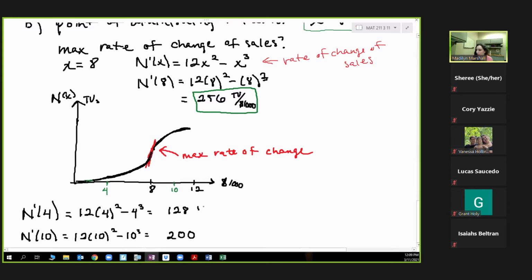If we're spending $4,000 on advertising, our sales are still increasing by 128 TVs per $1,000. If we're spending $10,000, our sales are still increasing by 200 TVs per $1,000. But those are not as fast increasing as at $8,000. So $8,000 is our fastest rate of change of sales.